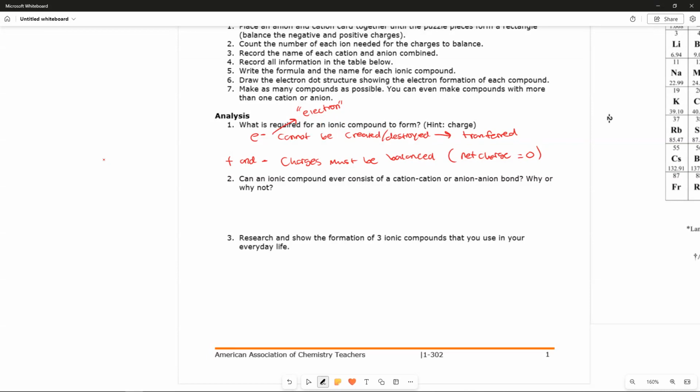Can an ionic compound ever consist of a cation or anion only bond? Why or why not? In order to understand this, we have to define ionic compounds and ionic bonding.